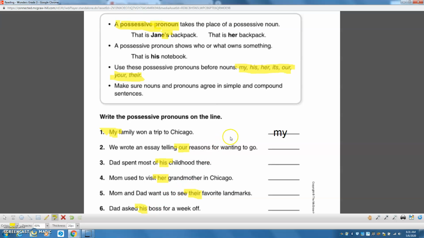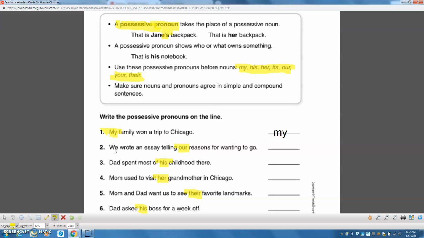So our possessive pronouns, my, his, her, its, our, your, and their, when you see those pronouns, they're going to show that something belongs, something is owned by someone or something. So there's a difference between the pronouns like we, he, she, it, they, we, us.